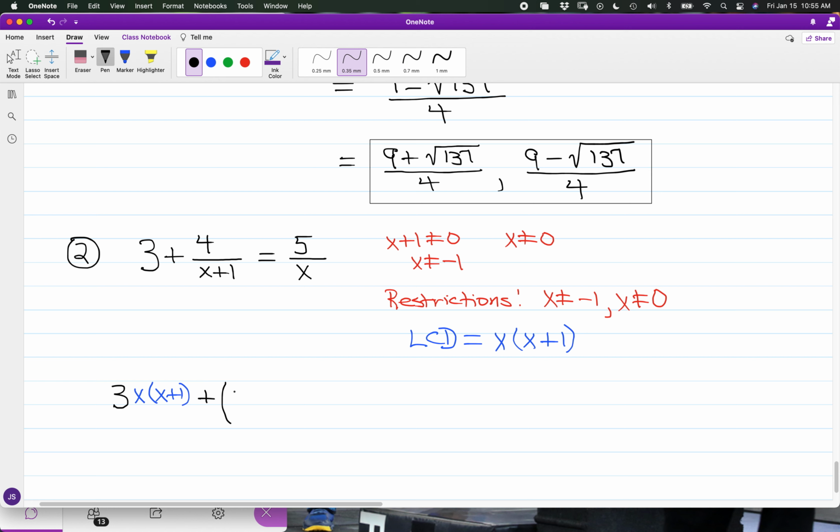As for 4 over x plus 1, again we're multiplying by x times the quantity of x plus 1. Again, we have equal to 5 over x, times x times the quantity of x plus 1.